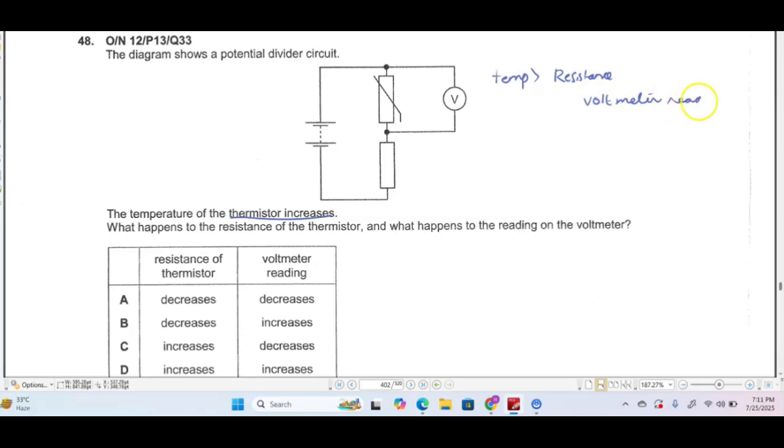Once we've established this, we know that the resistance has decreased in the thermistor and the voltmeter reading has decreased as well. So A is our correct option for question number 48.